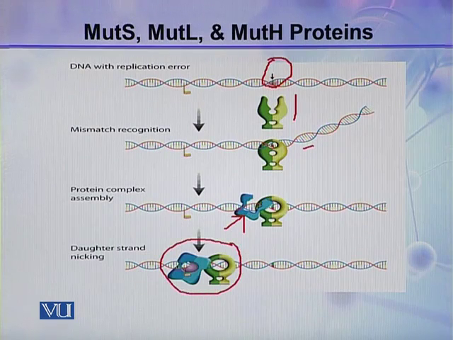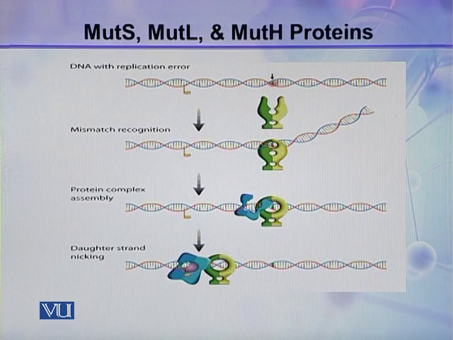This complex is the MutS MutL DNA complex, and this complex activates the third protein MutH, which introduces nicks on either side of the DNA strand. So in this way mismatch repair takes place.